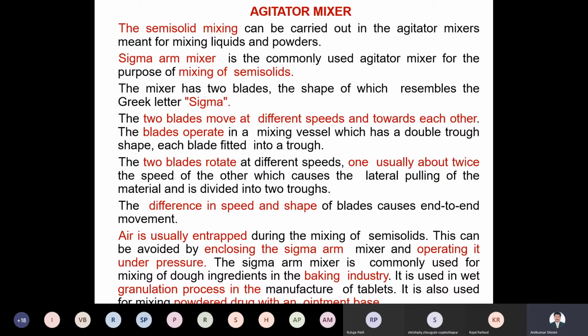Understand it? So the entrapment of air is one of the problems. To avoid the entrapment of air into the semi-solid mixing, we can close the sigma blade with the shaft or with some closure.